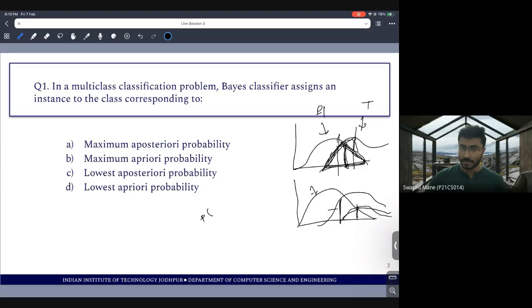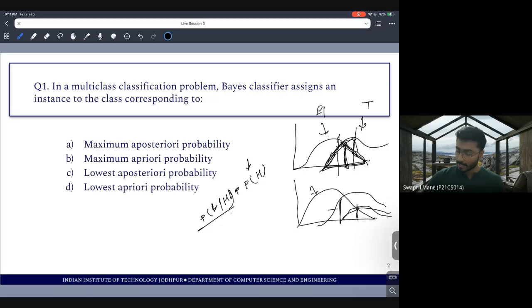Suppose we have a class conditional probability for a particular length: given the class is hilsa, what is the probability that this length belongs to the hilsa class? We multiply it by the a priori probability, which is the probability of the hilsa fish evaluated based on the number of samples, irrespective of the length.